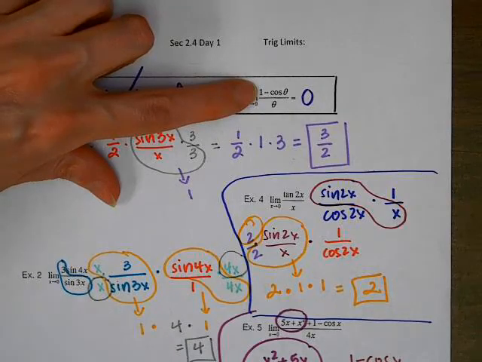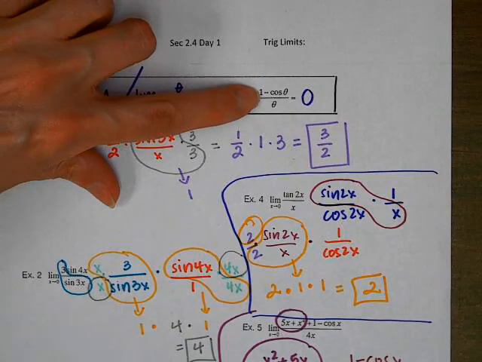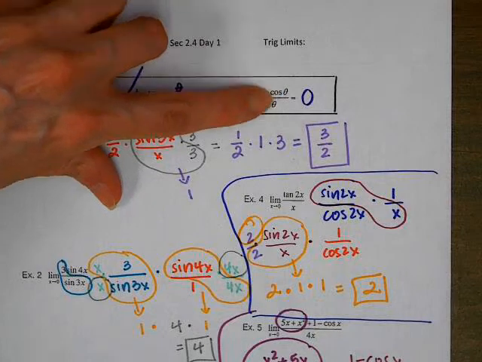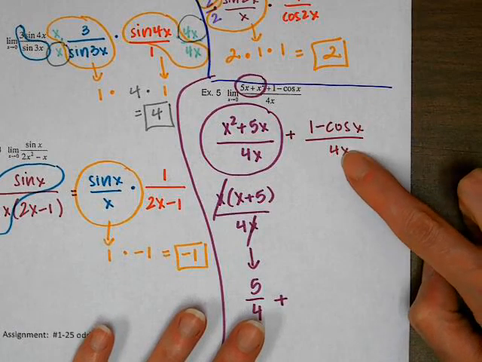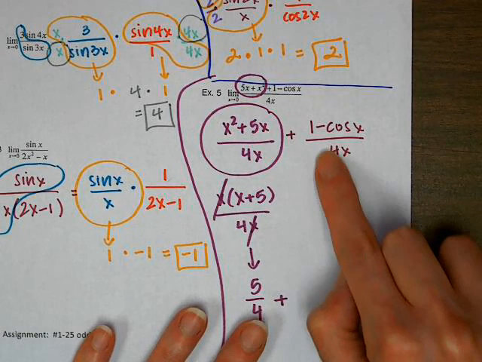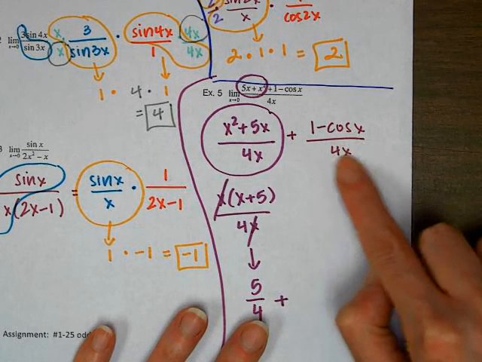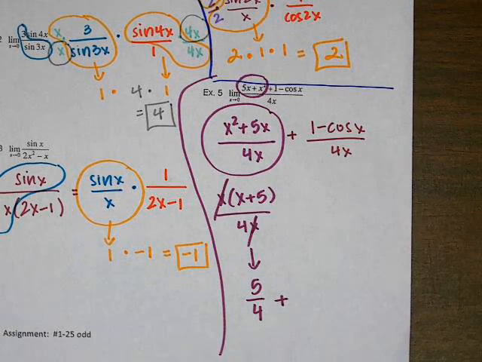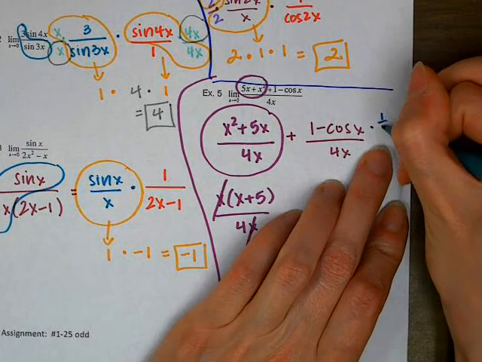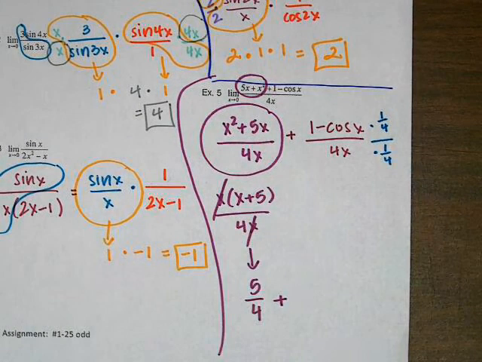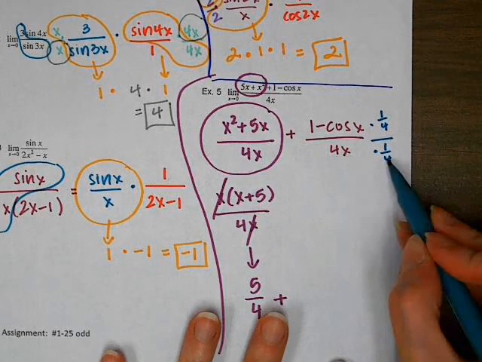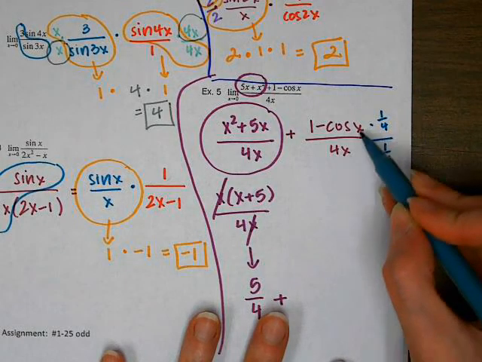So this one almost looks like maybe we could use this property if these were the same. Okay, but they're not. So the question is, what could we multiply 4x by to make it equal to 1? And hopefully you guys are saying 1/4. We need to multiply top and bottom by 1/4 because that's going to make this an x, which will match the angle x.